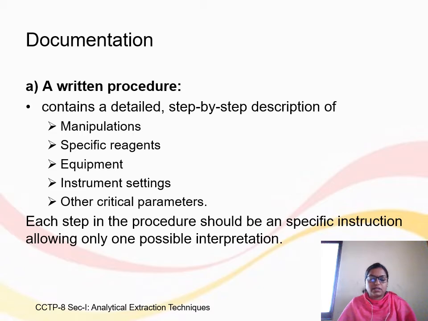Equipments, which equipments are used, for example, beaker, conicals, or what instrument can be used in that procedure. These we also write in that procedure. Instrument setting. Instrument setting is mandatory. Other critical parameters. Each step in the procedure should be a specific instruction allowing only one possible interpretation.